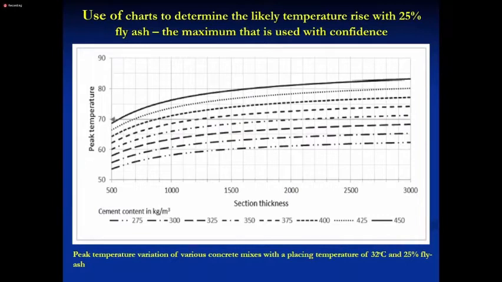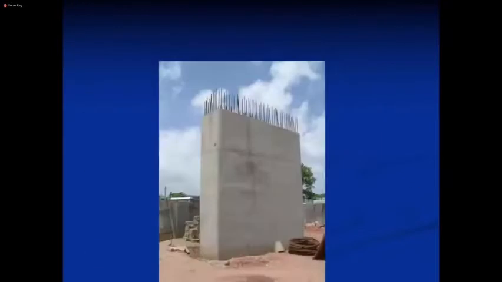Cement content can be 300, where 25% is fly ash. And here cement content is 400, where 25% is fly ash. So by doing that, you can control the temperature.